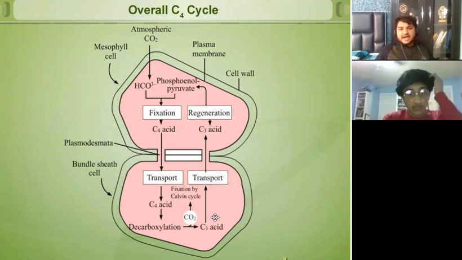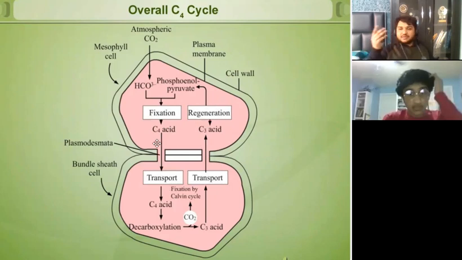And now it is transported again, and it becomes the phosphoenol pyruvate, 3. And again it is combining with CO2, it becomes C4. It continues. So it means there is fixation, transportation, and regeneration, like from this to this and from this to this, transportation, and then regeneration.